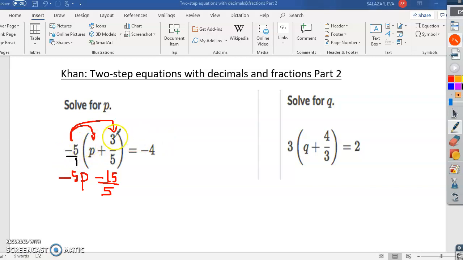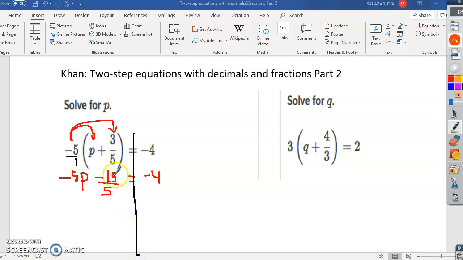And negative 5 times 3 is negative 15. 1 times 5 is 5, and that's how I got negative 15 over 5. On the other side of the equation, I just have negative 4, and I can't do anything with that, at least not now. So I'm going to go ahead and put out my division for my equation here.